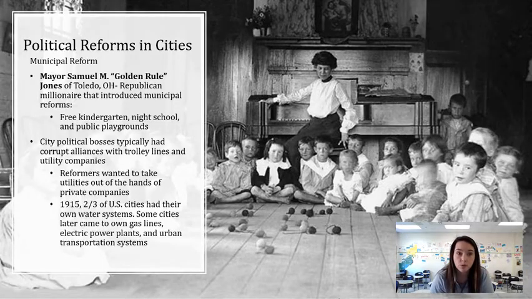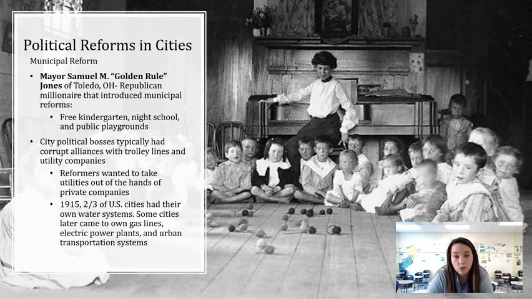So other municipal reforms in Toledo, Ohio, Republican Mayor Sam "Golden Rule" Jones did a series of things that really helped his community at the local level. So free kindergarten, night school to give opportunities for people that would work during the day.